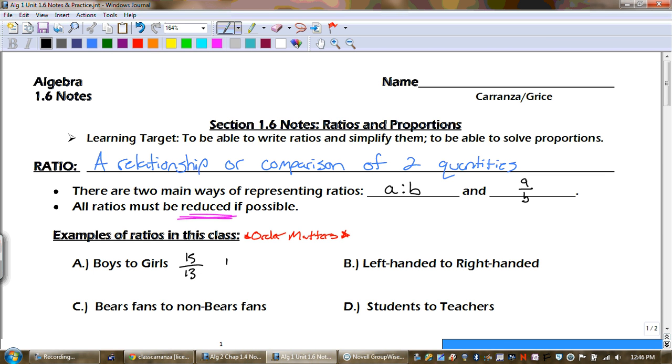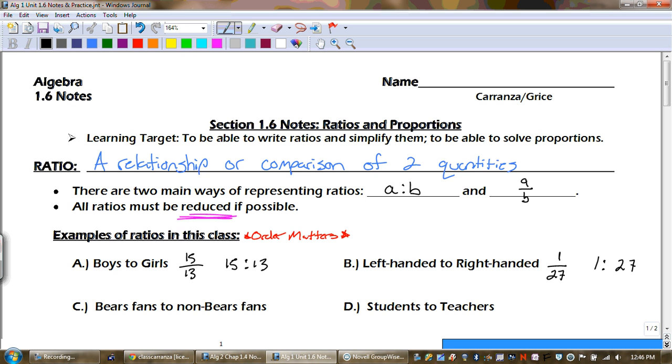The other way that you would write that would be 15 to 13. All right, left-handed to right-handed. Remember that left-handed goes first. We only had one, and we had 27 right-handed. Either way of those would be accepted.